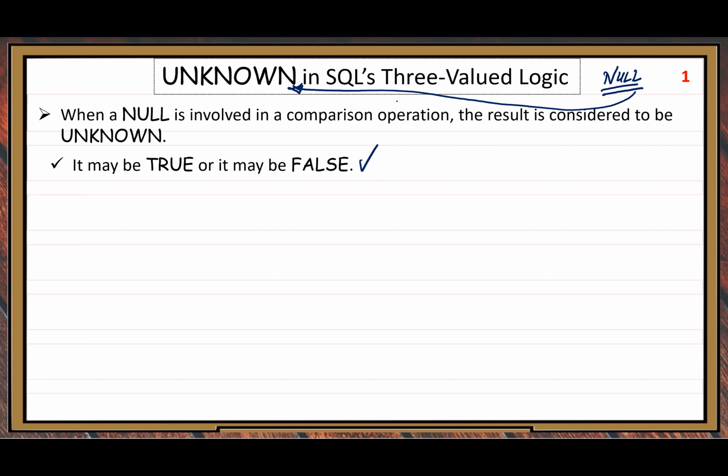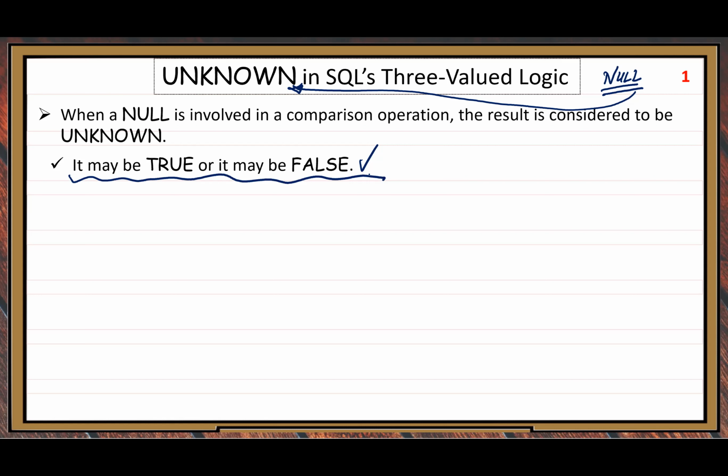You have true, or, and, in different combinations, and unknown appears in your Boolean expression. How do you determine the final value? Here, use this property: it could be true, it could be false.